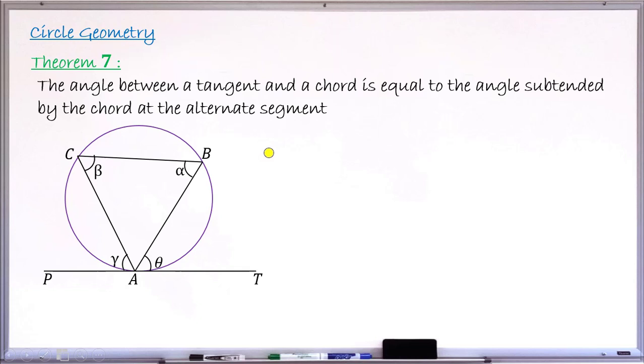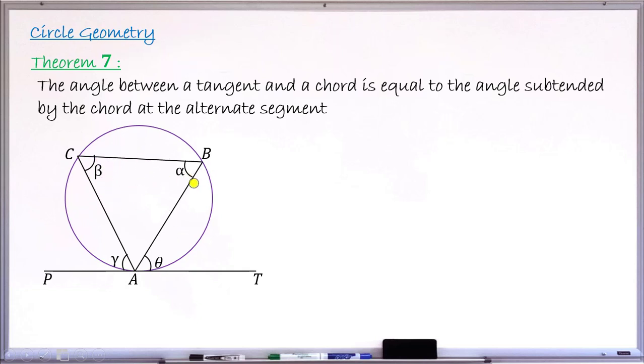These are the two angles, gamma and theta, that happen to be in between a chord and a tangent. So this theorem says that angle will be equal to the angle subtended by that very chord, but at the other segment. That is the meaning of the alternate segment. So if I have chord AB, this chord AB divides my circle into two segments. This is one segment that contains my theta, and this is the other segment.